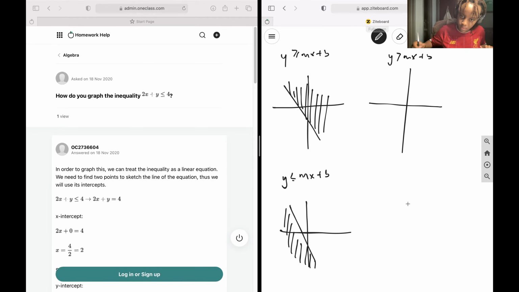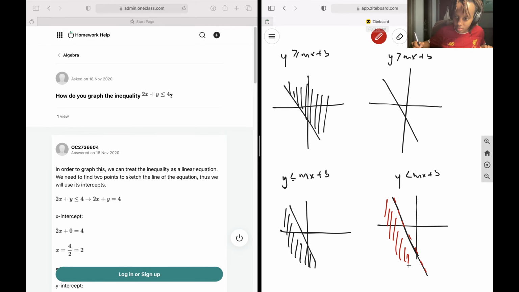Including the line, and finally y is strictly less than mx plus b. So for these ones, as we said, it would be broken lines. And y is less than, so below. This one is again a broken line because of the inequality and above.